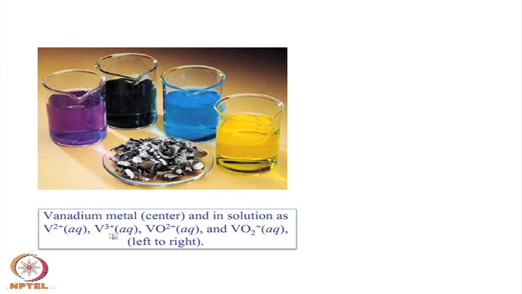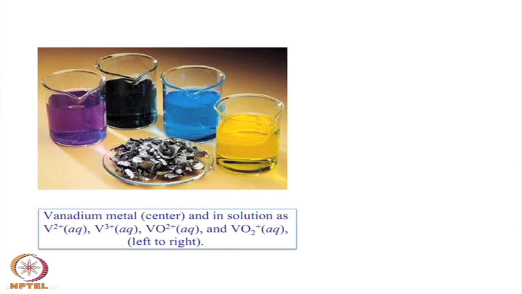That means we are not changing the environment, simply the oxidation state. So, this is one more important parameter: in the same water environment we change the oxidation state from vanadium 2 to vanadium 3, then vanadium 4 and vanadium 5. All these different oxidation states give rise to different energy states for the different electronic transitions.